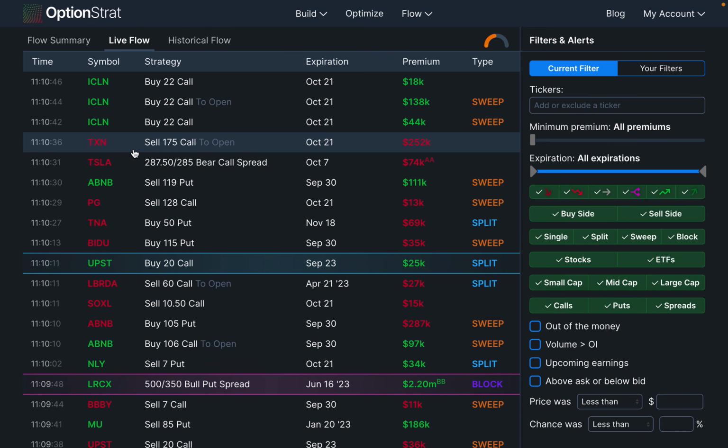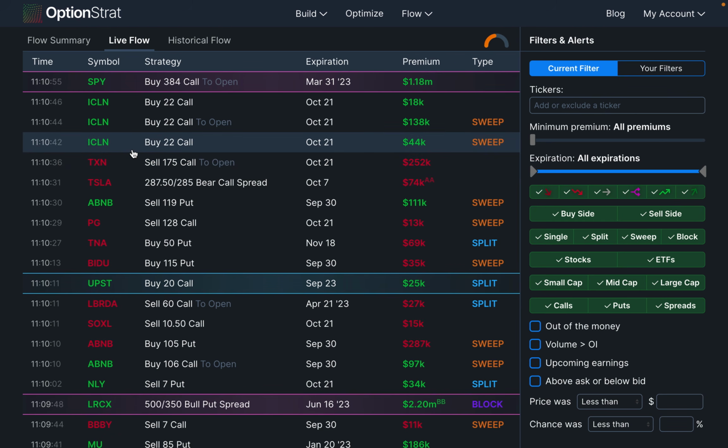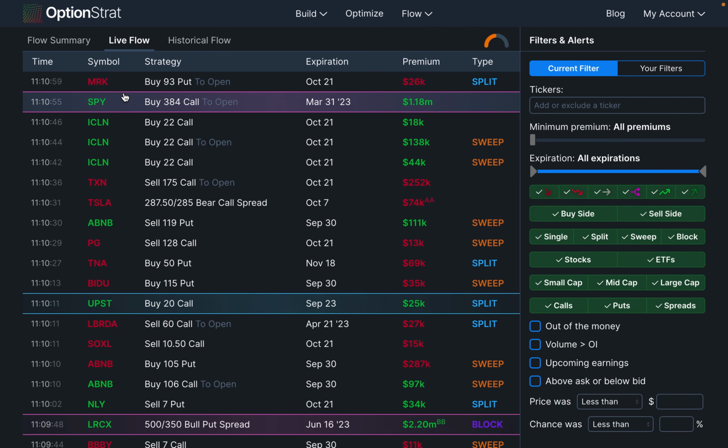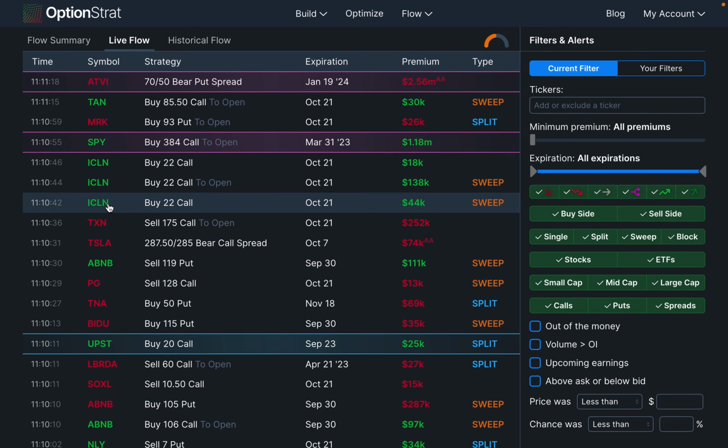Now, let me explain a couple of different things here, right? So when you look at one of these, each one of these represents a trade that is being made. Now, if you take a look at the symbol and the premium, they're gonna have the same color. So if you see one that has a green color, a lighter green like this, it means that it's a bullish trade that's being entered here.